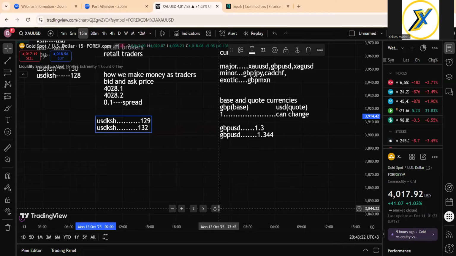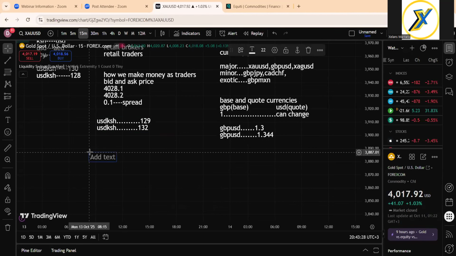So we're going to get to something else that we call a pip. You normally hear people say that gold today moved 200 pips, 100 pips, but what exactly is a pip?